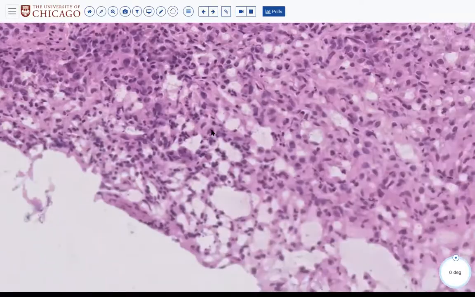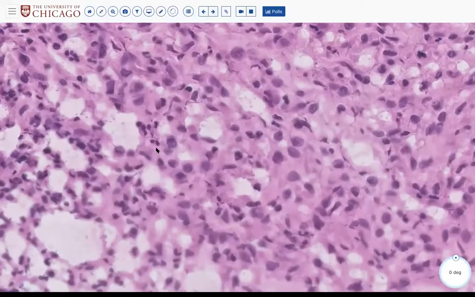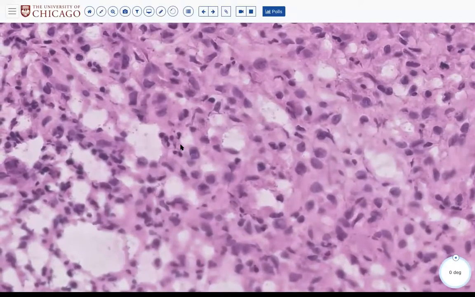It's hard to make out EOs on frozen section because the eosinophilia of the cytoplasm is not as rich as it is with the standard H&E. But if you start to see inflammatory cells that have two lobes, that's a good sign of an EO.